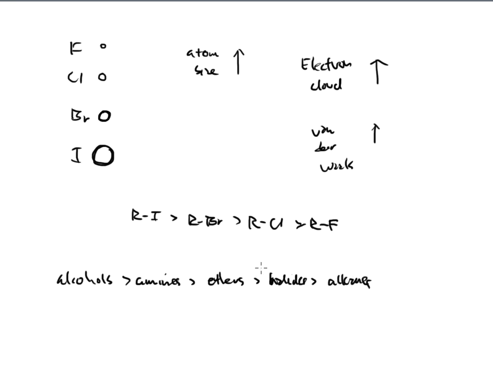The problem is that sometimes the halogens are actually above the ethers, and this always flip-flops around a little bit. But I'll go ahead and put them in that location, and we'll do a couple of example problems so that you can become more familiar and comfortable with ranking boiling points. That is the initial location we're going to put them in for now. So there you go, the overall ranking of boiling points in reference to the functional groups, as well as the straight true blue alkanes that we might have in organic at this point.